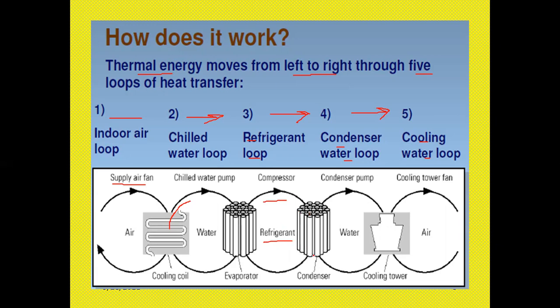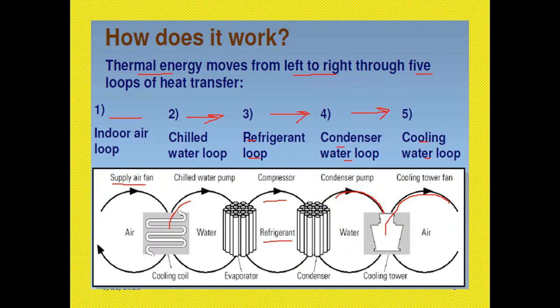From the condenser, the cooled water is passed to the cooling water tower. Here the cooled water is moved by the condenser pump. Through the condenser pump the cooled water is passed to the cooling towers, and from the cooling tower, through the cooling water fan, the air is passing outside. So in this way the refrigerator works.